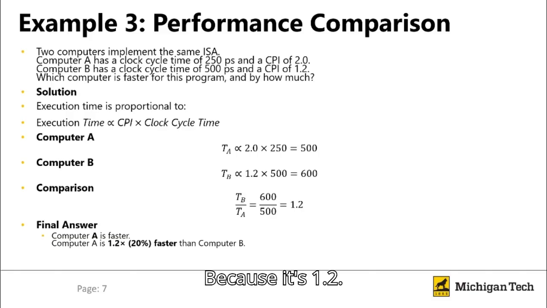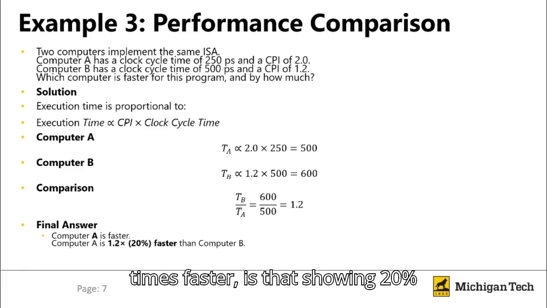Because it's 1.2... low. So is that correct? If it's 1.2 times faster, is that showing 20% faster?